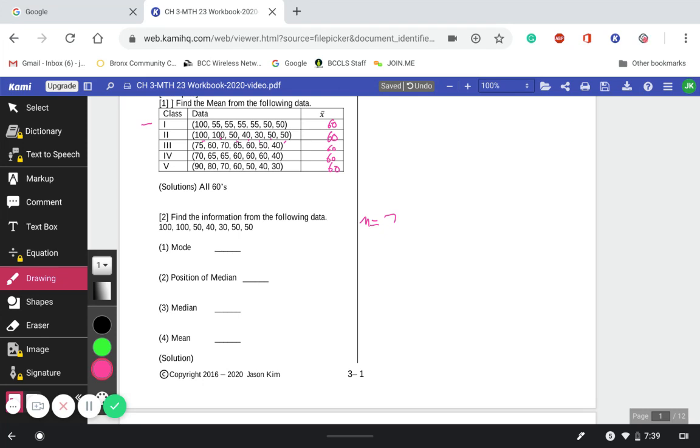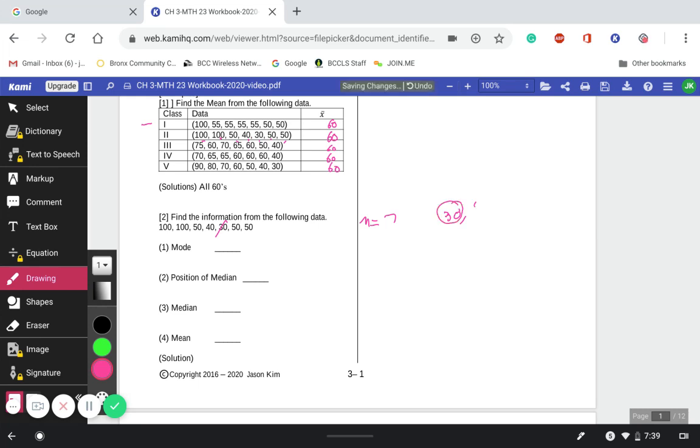Now, what do you do? Well, first thing you do, when you have data, it's always good to rearrange this in ascending order. So you write 30 is the smallest number. I usually circle the smallest number.